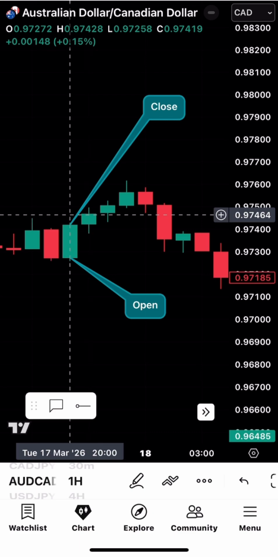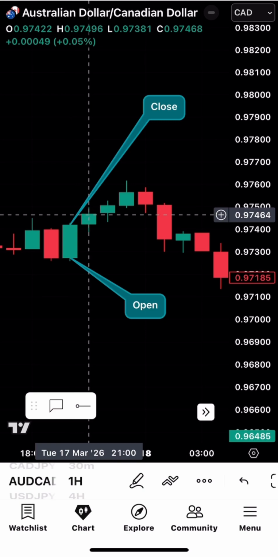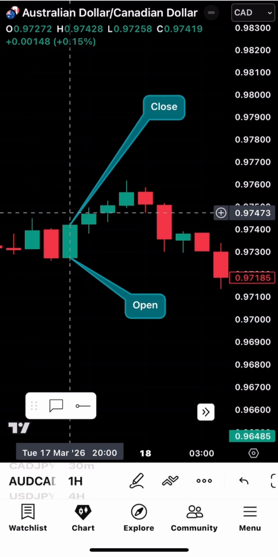So if you guys want to follow along, look towards the bottom, right above our tools menu, we see that date and time, right? So if price, I'm just moving over my cursor so you guys can clearly see this wick. If price decided to come up here, but then had that rejection, right?